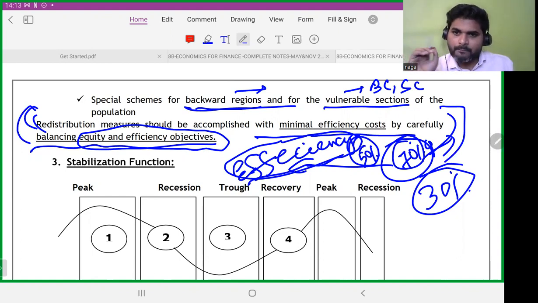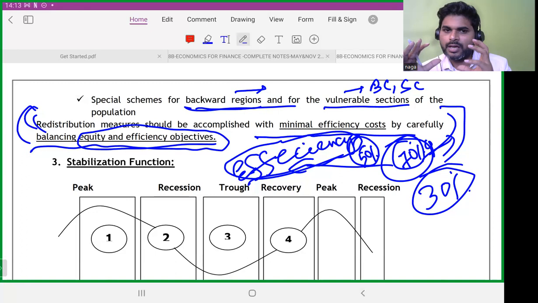Most of the governments are miserably failing in this, but these are the ways the governments do the redistribution function. But the redistribution function will be efficient when the government ensures minimal efficiency costs and carefully balances equitable distribution and efficiency.